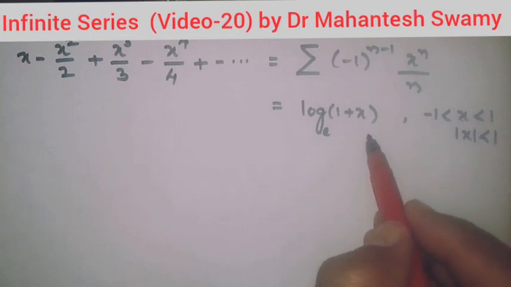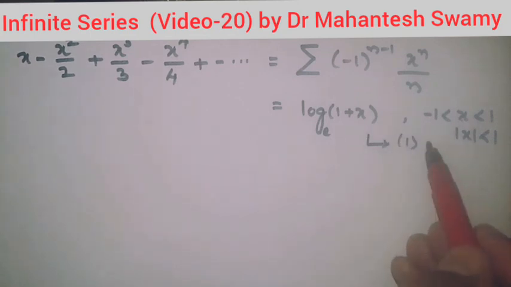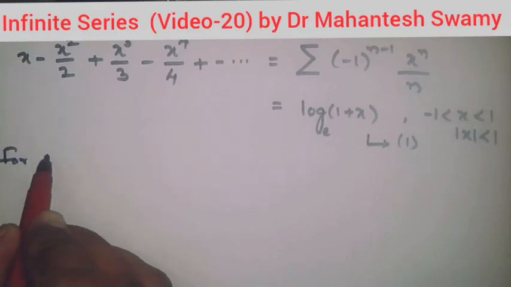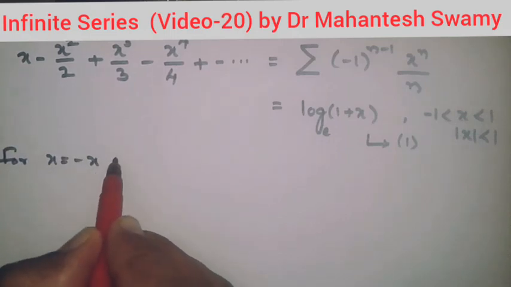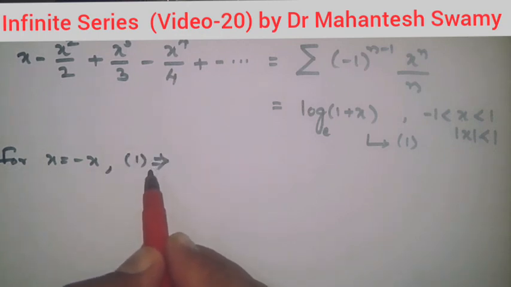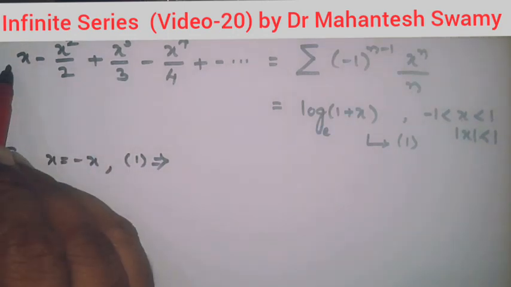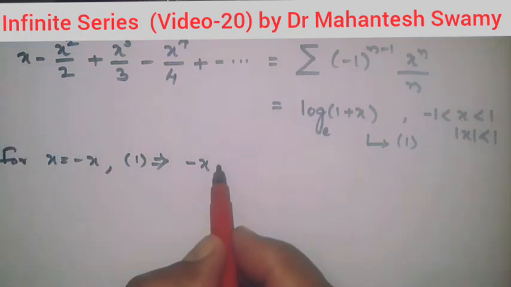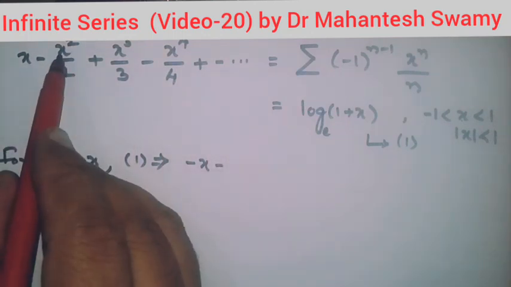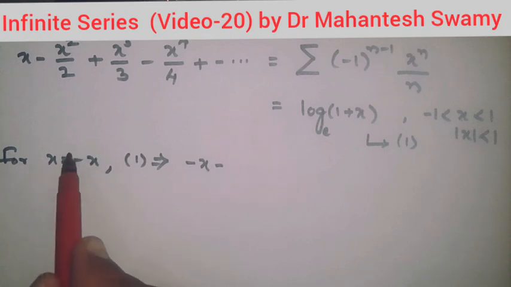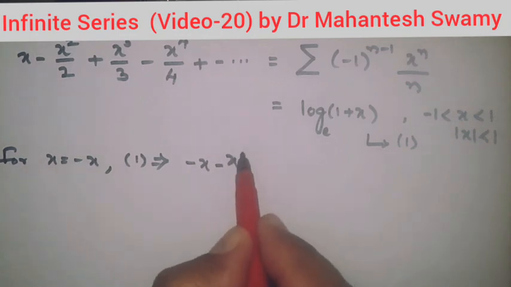First of all, we call it equation number 1, and when we take x equal to minus x, the same alternating series implies that the first term will be minus x, the minus sign is as it is, and minus x whole square will be simply x square by 2.